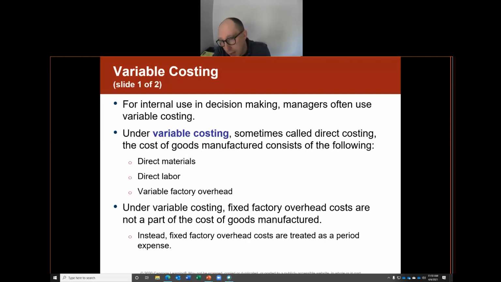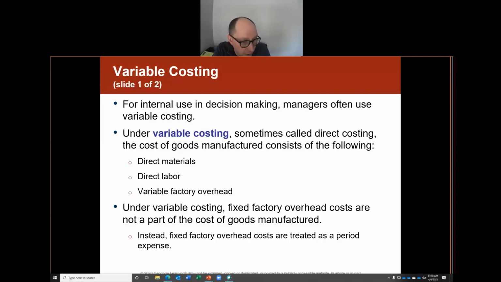Variable factory overhead includes costs that are variable within overhead. An example of variable factory overhead would include utilities. That's variable. It changes month to month.